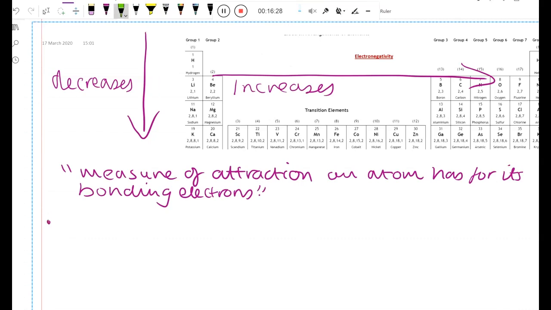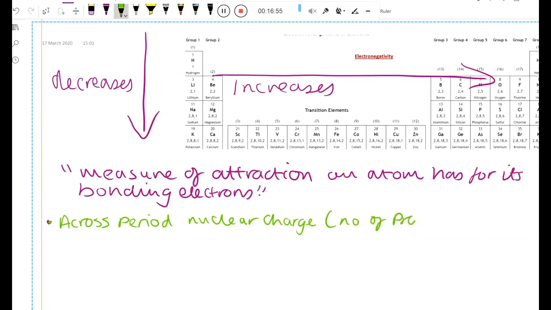so I'll do across the period in green, keep it consistent. So across the period, the nuclear charge, or the number of protons, is increasing.